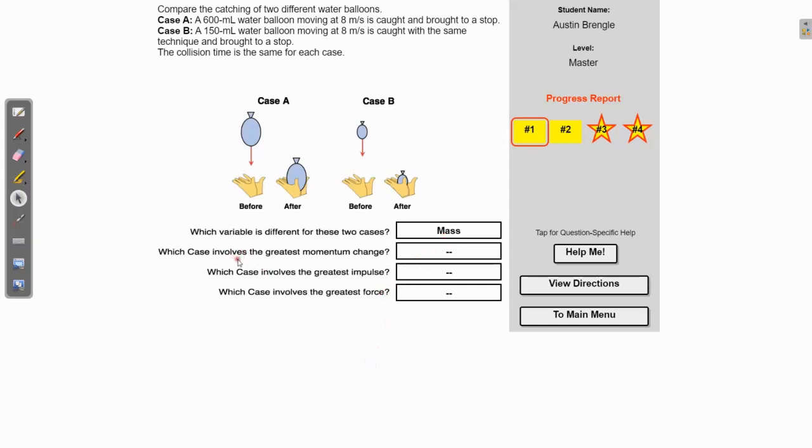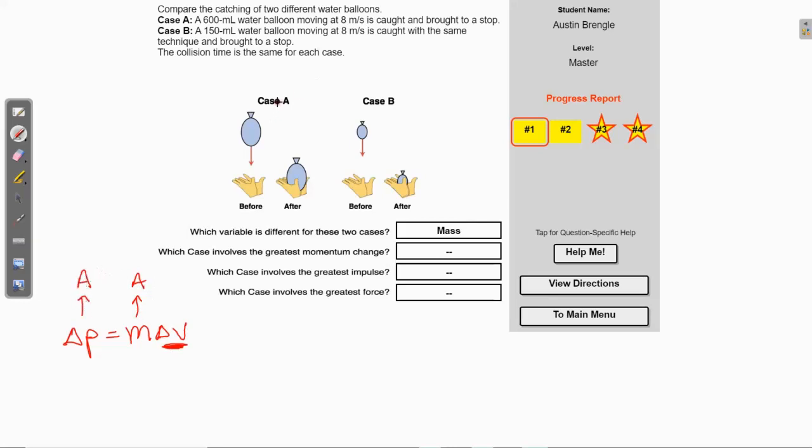Now it says, which case involves the greatest momentum change? Well, we keep going back to these equations. Change in momentum is equal to mass times change in velocity. Well, if they both have the same velocity, but case A has a greater mass, then that means that case A will have a greater change in momentum.